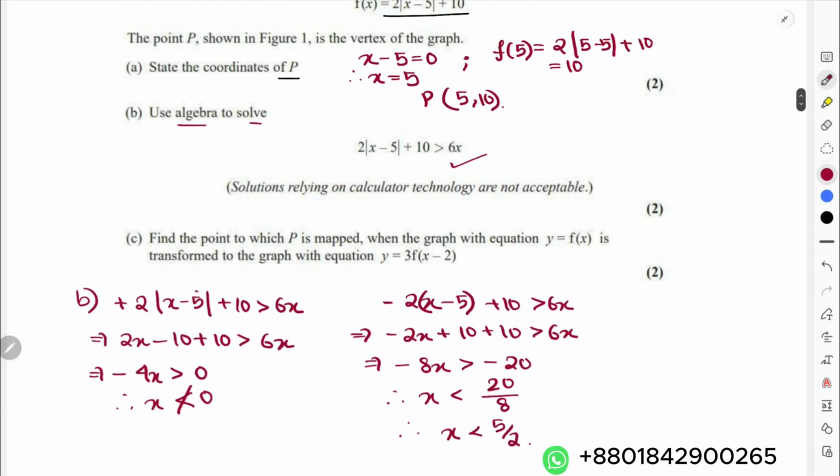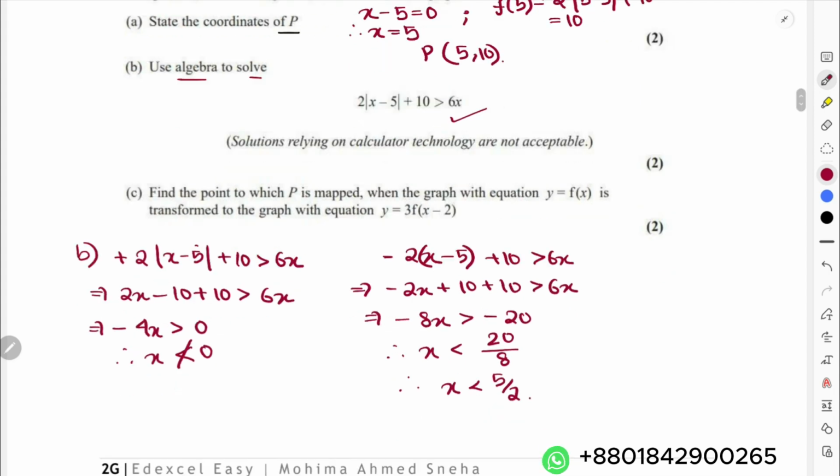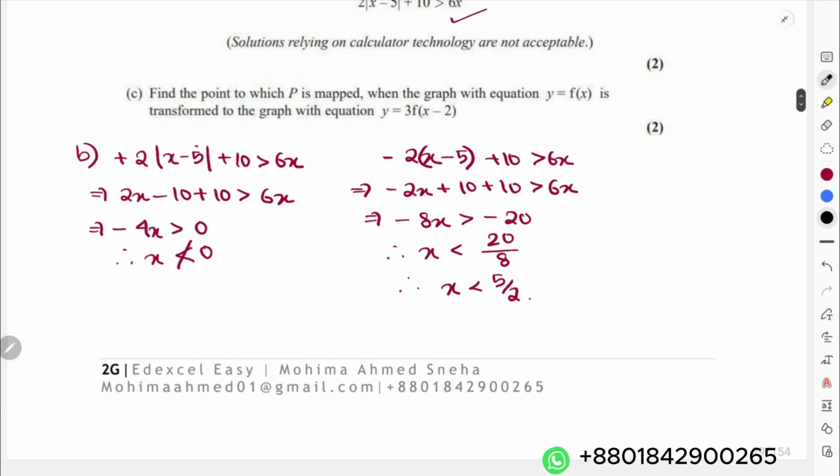And then after this, find the point to which P is mapped when the graph with the equation f(x) is transformed to the graph of this value. Again, a simple transformation, right? Part C: f(x) is getting transformed to 3f(x minus 2).